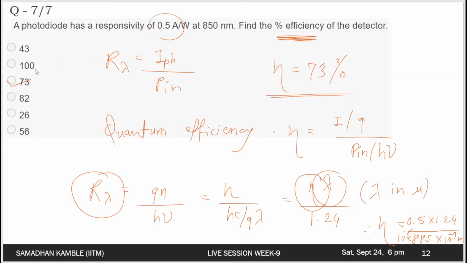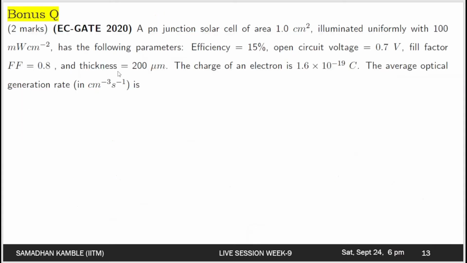Now let us move to our final, one more bonus question, which I have taken from a previous GATE paper, EC GATE 2020, and it is an interesting question.